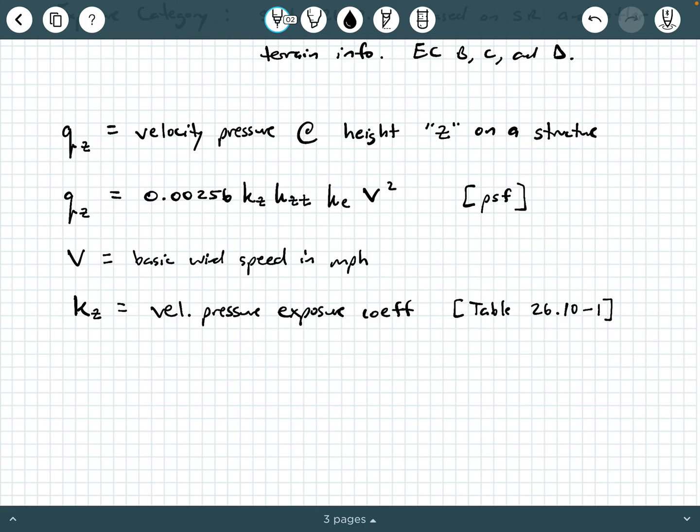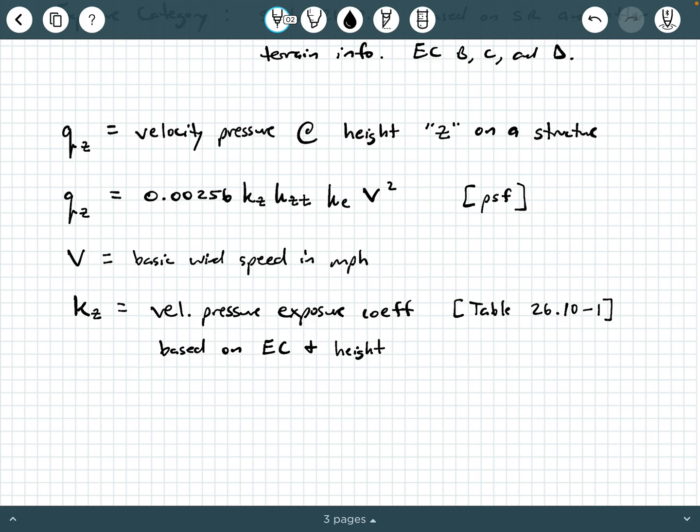And if you look at that table, it's going to be based on exposure category, okay? So if you notice, there's several columns there, and it's based on exposure category and height, all right? So what you do is you find the height that you're interested in. That's the left couple of columns. You can do it in feet or meters. And then you also need to know the exposure category you're dealing with. Is it B, C, or D? And then you can extract the Kz value that you're interested in.